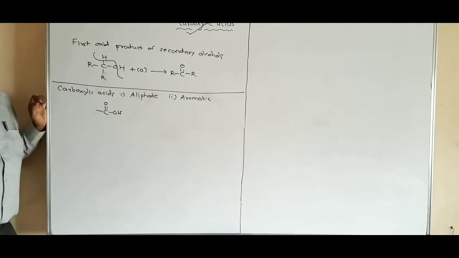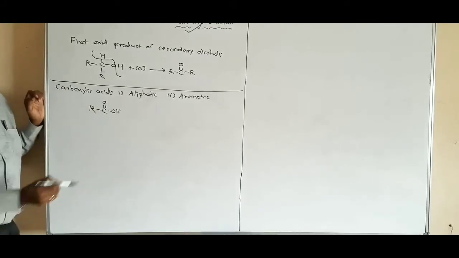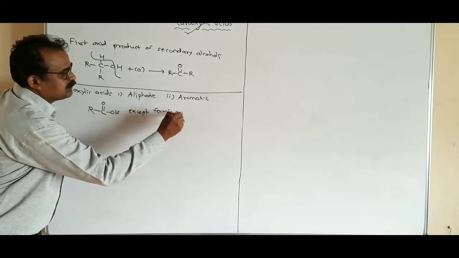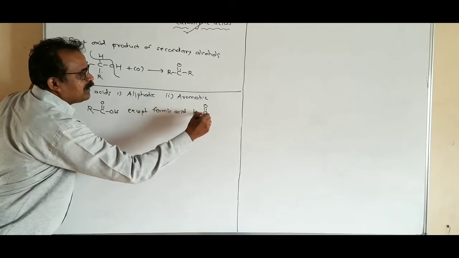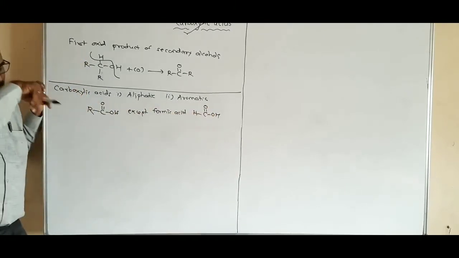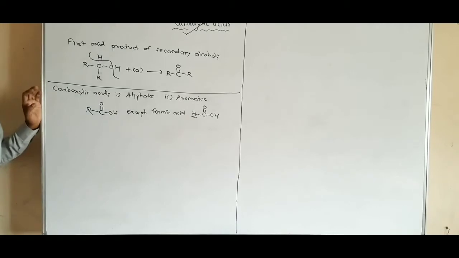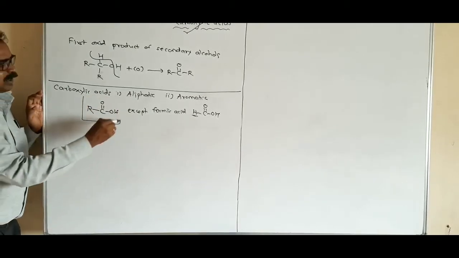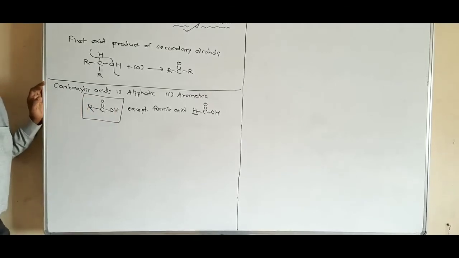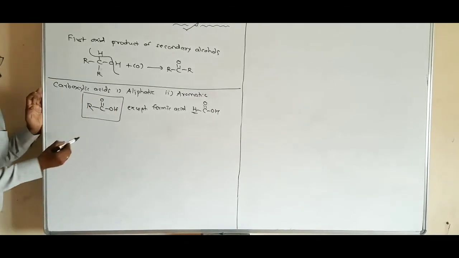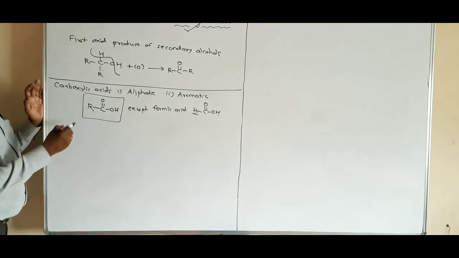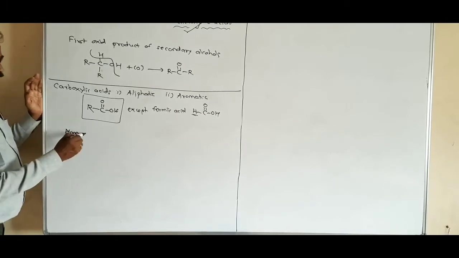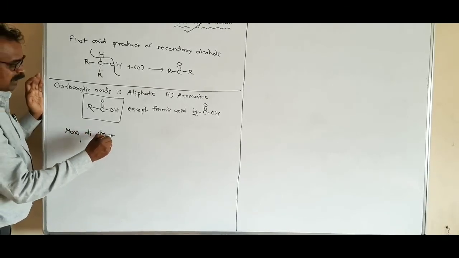When this carboxylic group gets attached to an alkyl group, again except formic acid, in which the carboxylic group is attached to a hydrogen atom, the aliphatic carboxylic acid is represented by the general formula RCOOH.